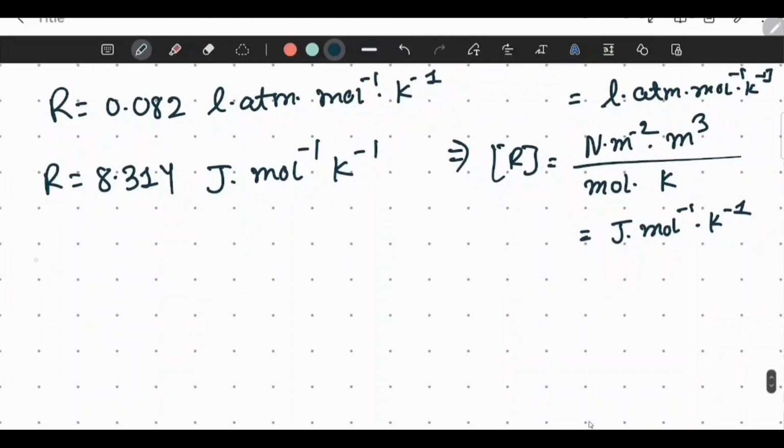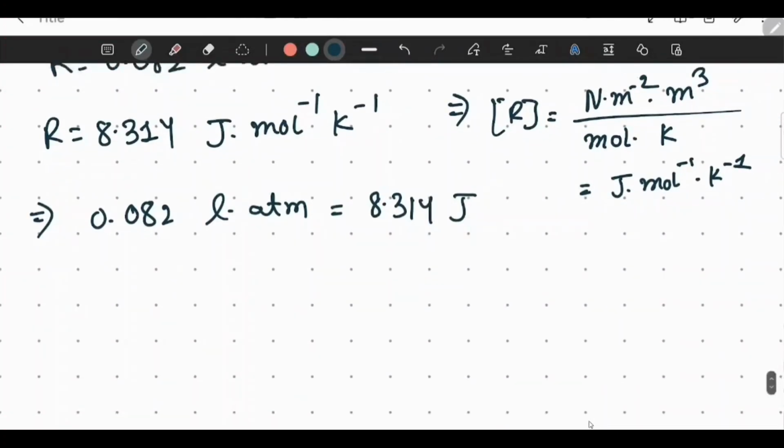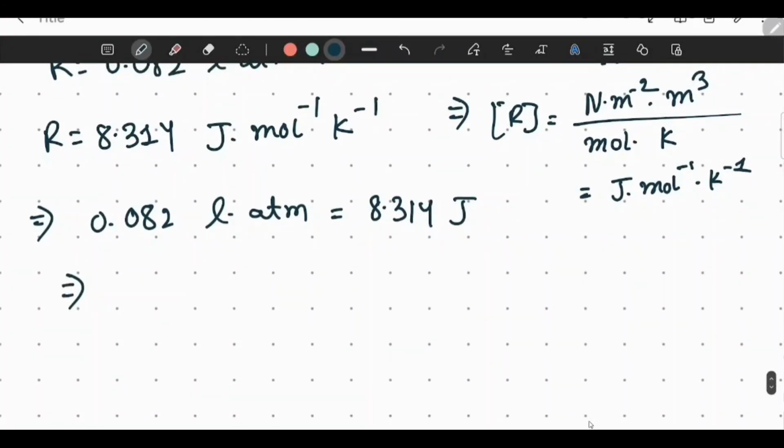Now we can equate this. So we can write 0.082 liter atm equals 8.314 joule, and joule is Newton meter. Correct.